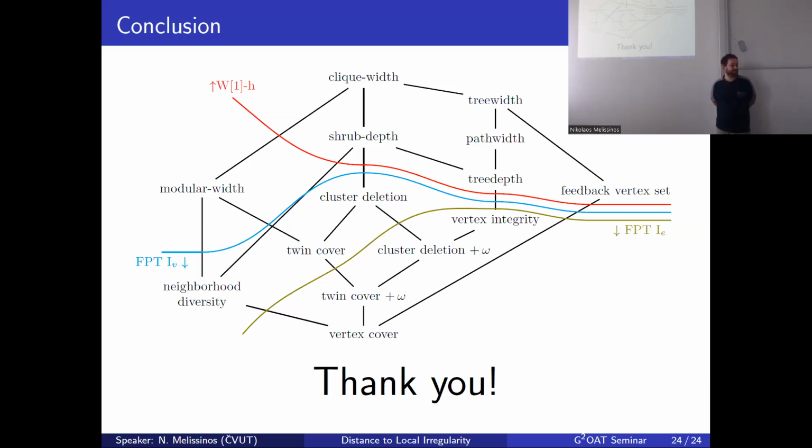Maybe I missed it, but what is this omega in the vertex cover? Okay, this is the usual notion to say that you also have a bounded size of clique. So the biggest clique in your graph has size omega. And if you include it in the parameter, suddenly it's easy.